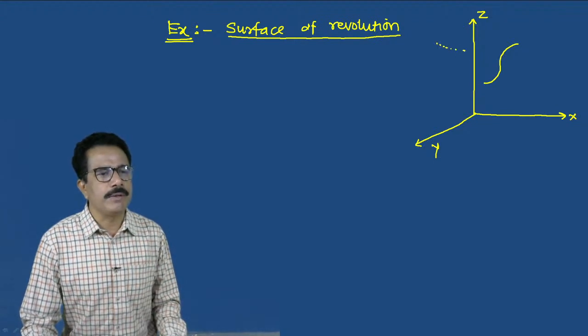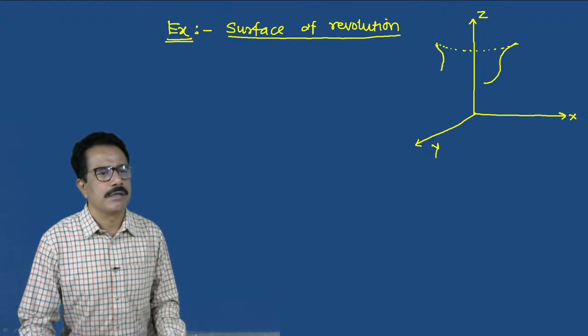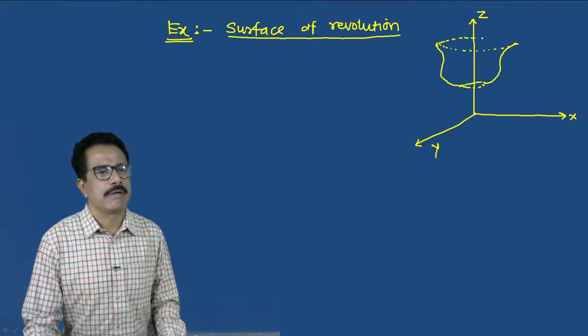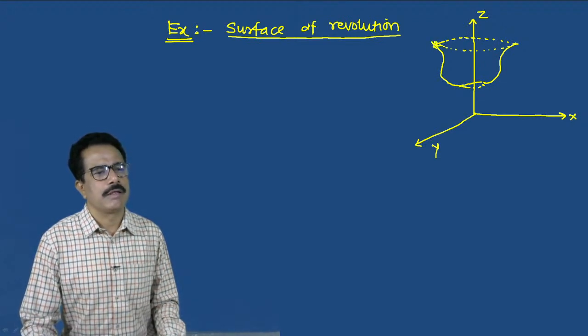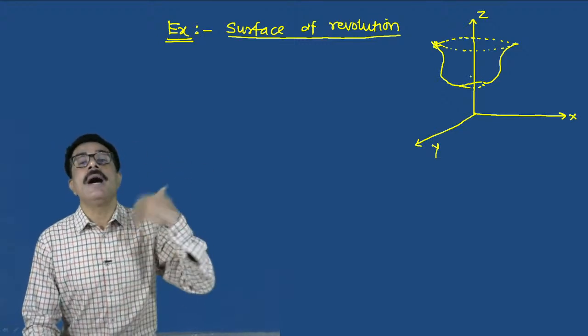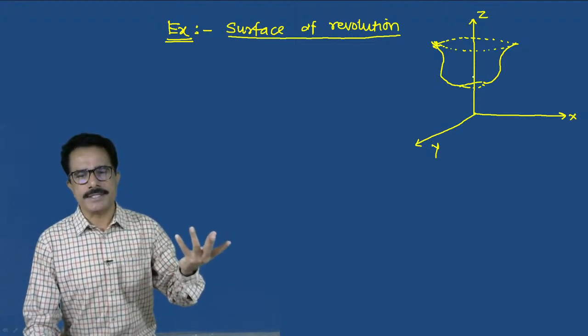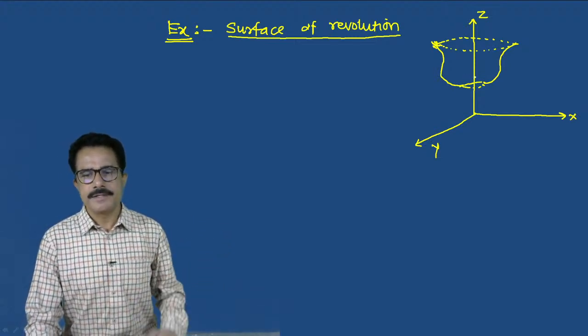It will give us a surface. This is the surface due to the revolution of a curve about the z-axis. See this, do you understand?